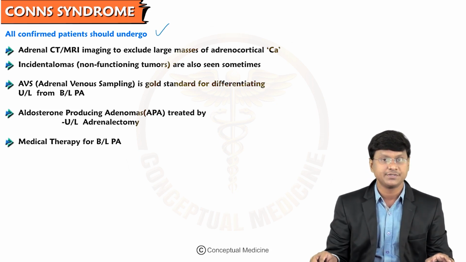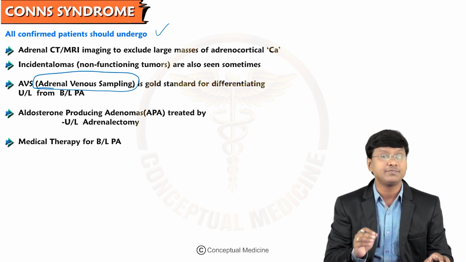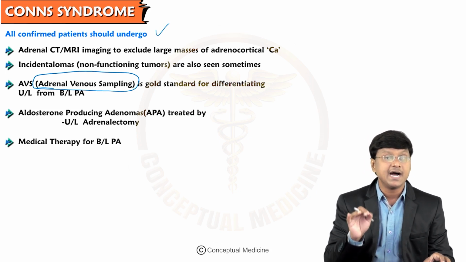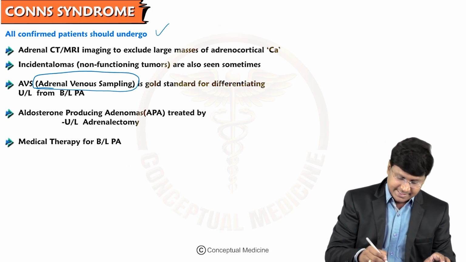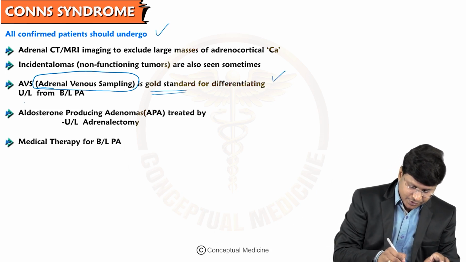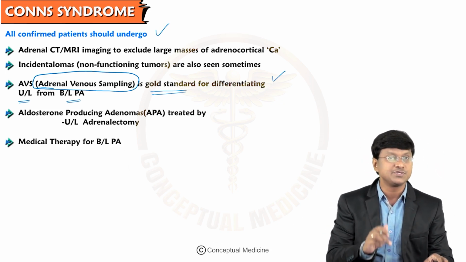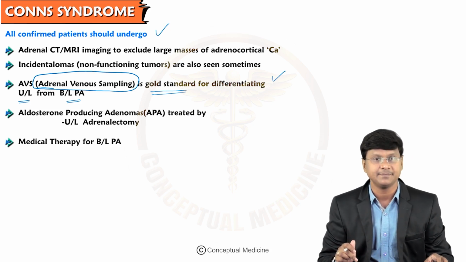How will you differentiate? You have to do adrenal venous sampling. Adrenal venous sampling is the gold standard test for differentiating unilateral from bilateral primary hyperaldosteronism.